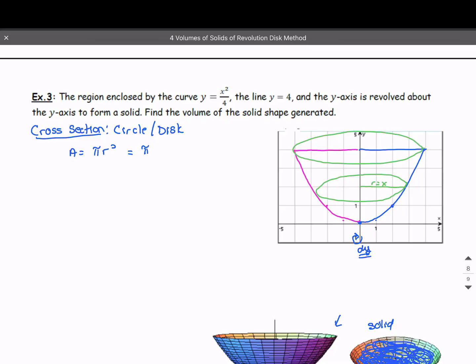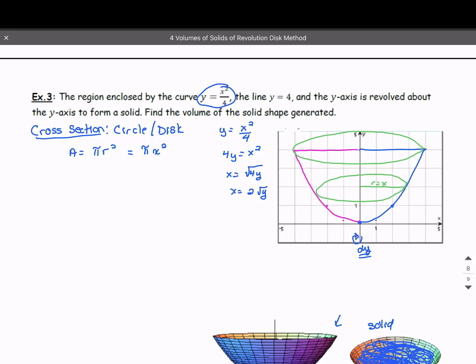But in this case, our radius is x. We don't have our equation in terms of x. If y equals x squared over 4, that means 4y equals x squared, and x equals, we only had the part on the right-hand side, so when we take the square root to the positive, the square root of 4y, which we could write as 2 radical y, right?